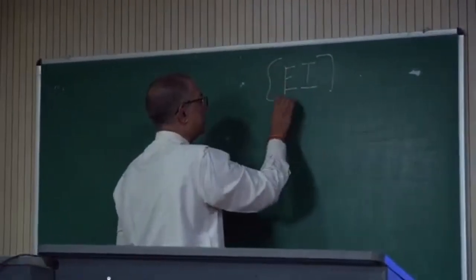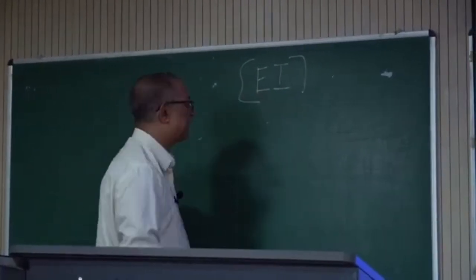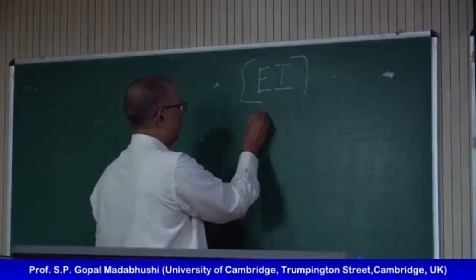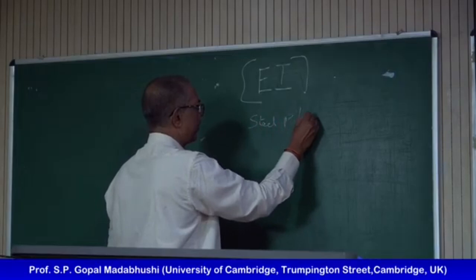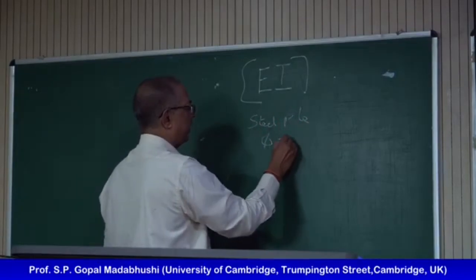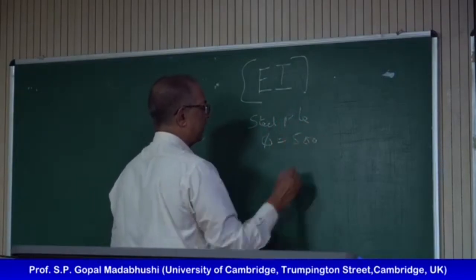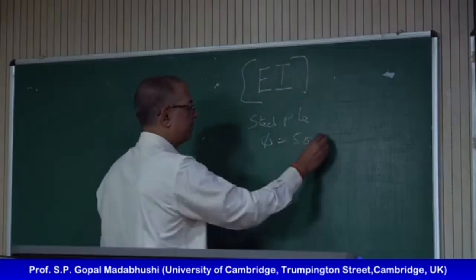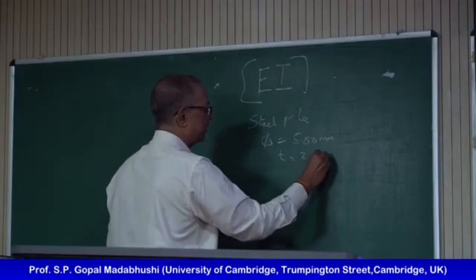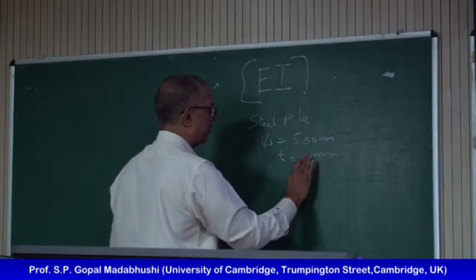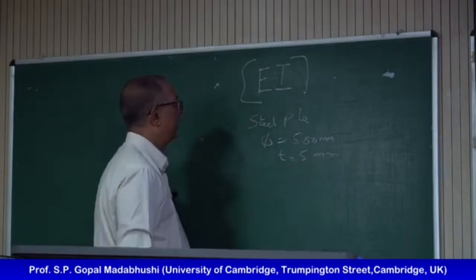So this is my flexural stiffness. Say you have a steel pile, 500 millimeter diameter with some wall thickness, 2 millimeters. No, it'll probably be more, 5 millimeters.